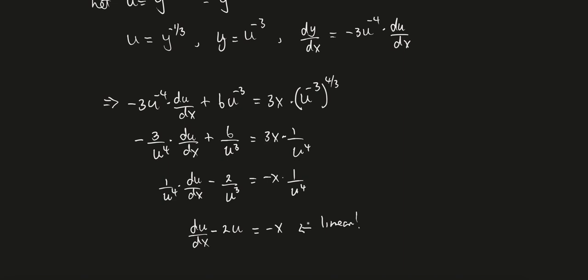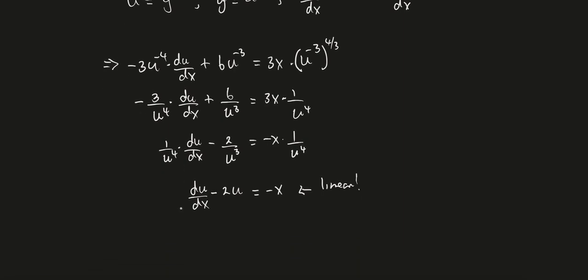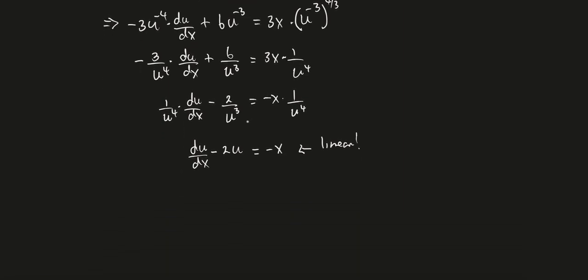So now we switch our approach. We have to remember what to do for linear differential equations, and that's where we use our integrating factor. In this case, this is the coefficient of my dependent variable, what we used to call p. This is our modified p. So mu in this case is e to the integral of -2 with respect to x. Notice x is still our independent variable.